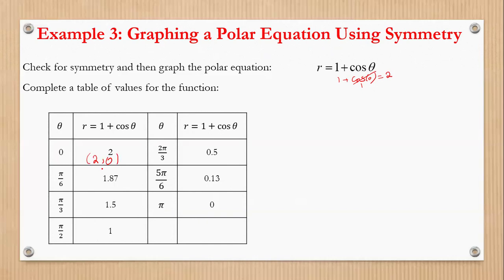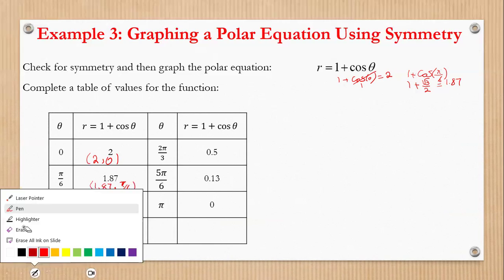If you replace pi over 6, we know that the cosine of pi over 6 is root 3 over 2. And 1 plus root 3 over 2, using the calculator, gives you 1.87. So the point is 1.87 and pi over 6.